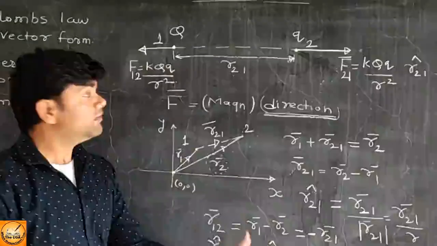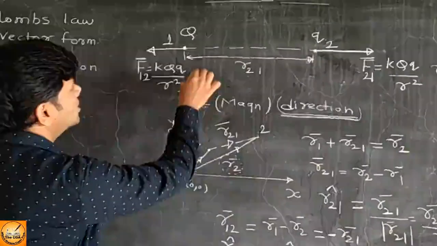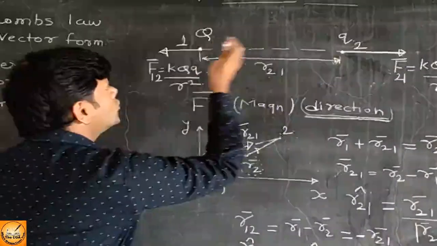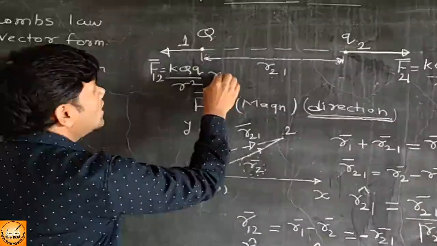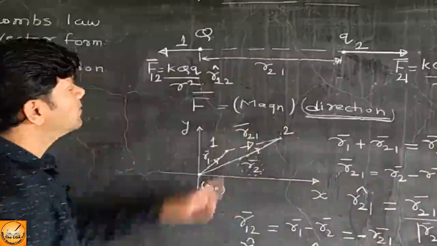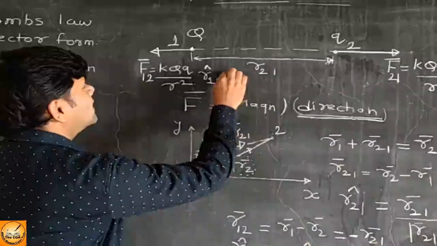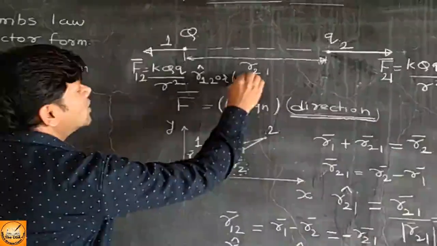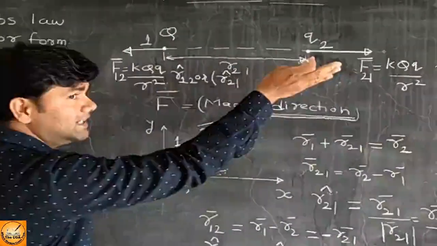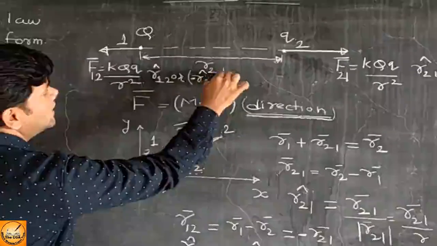What it means is, if I want to show the direction of this, I can show it by the vector, meaning we are watching from 2 towards 1, the position of 1 with respect to 2. For direction we have to consider the unit vector, so we can write this as R21 cap, but it will be the right side direction, so to make it opposite I have to write the negative sign.